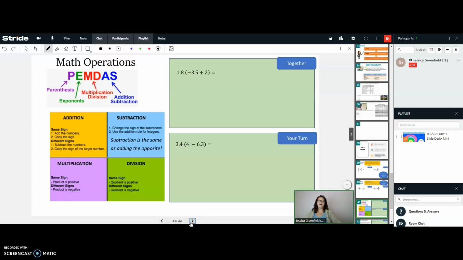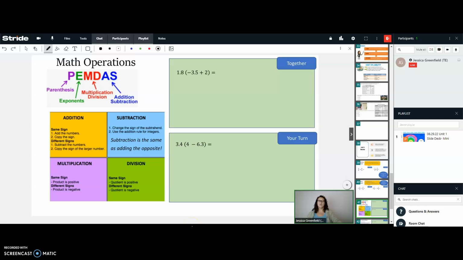All right, so PEMDAS, I did a quick video on this. So math operations here, definitely know that we're talking about parentheses, exponents, multiplication and division, and then addition and subtraction. Multiplication and division are both the same color because we do them from left to right as if we're reading. Same thing with addition and subtraction, left to right as if we were reading.